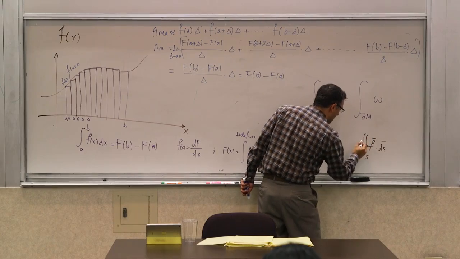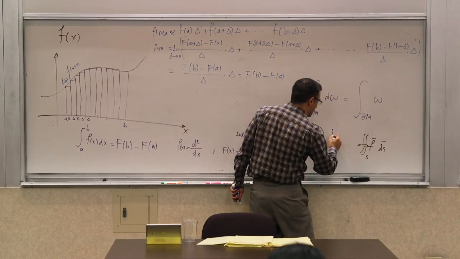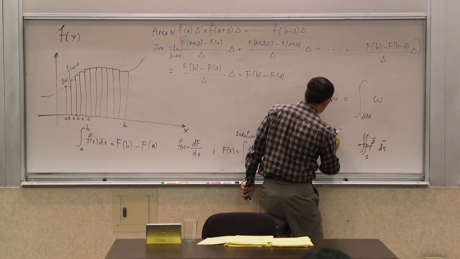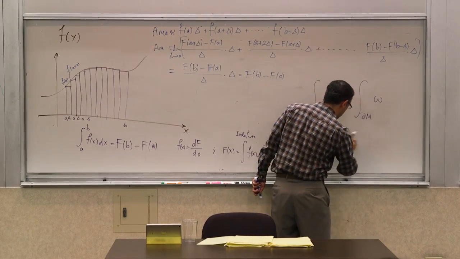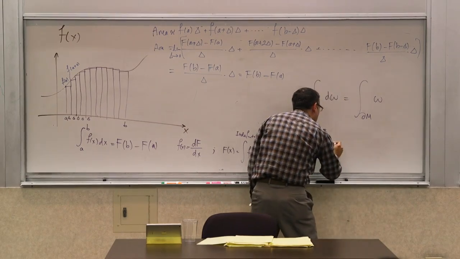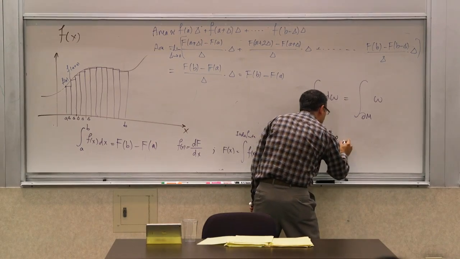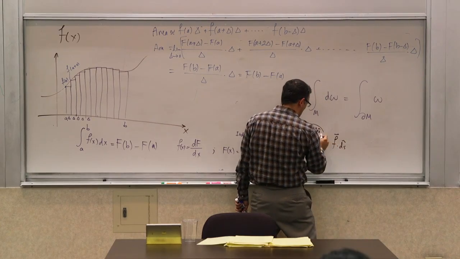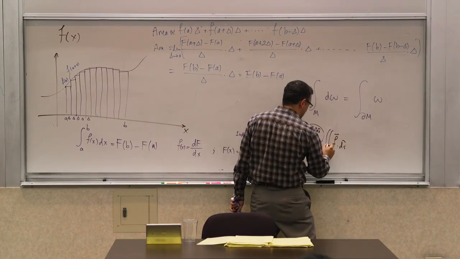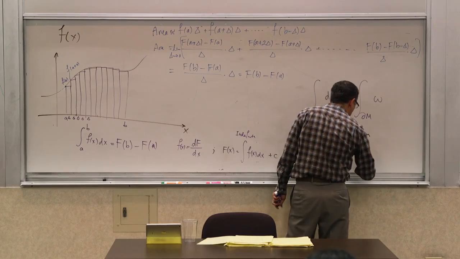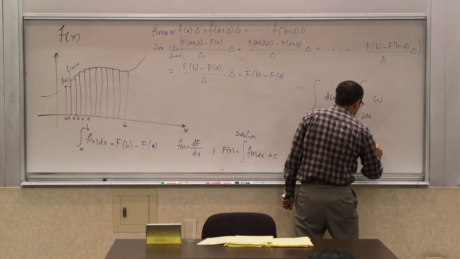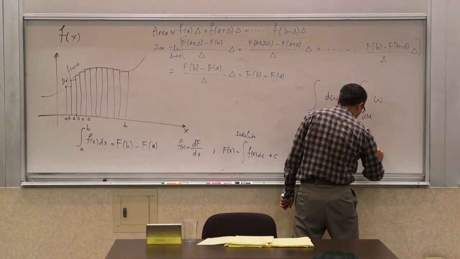I wrote it backwards. So the integral of f ds over the surface, so this is a surface integral, double integral, equal to the integral of the derivative of this function.